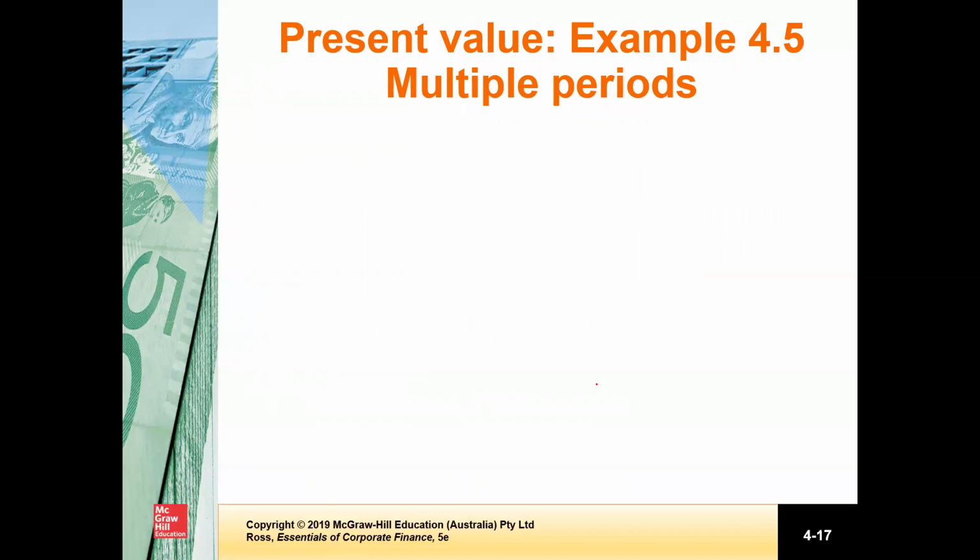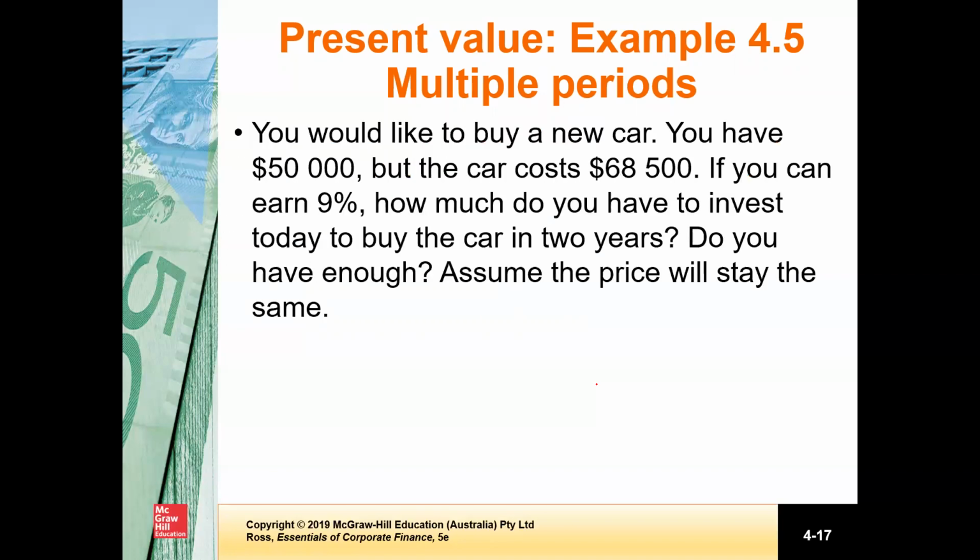Now, how do we calculate present value when we have multiple periods? So look at this. You would like to buy a new car. You have $50,000, but the car costs $68,500.